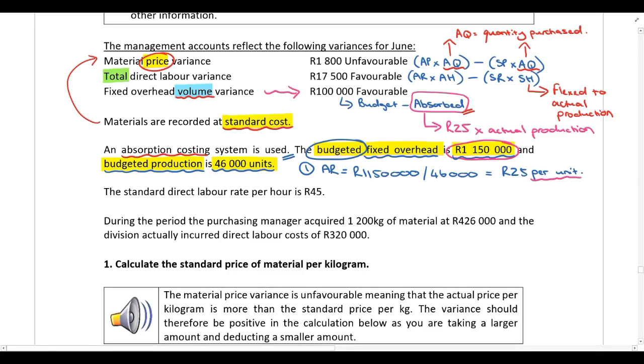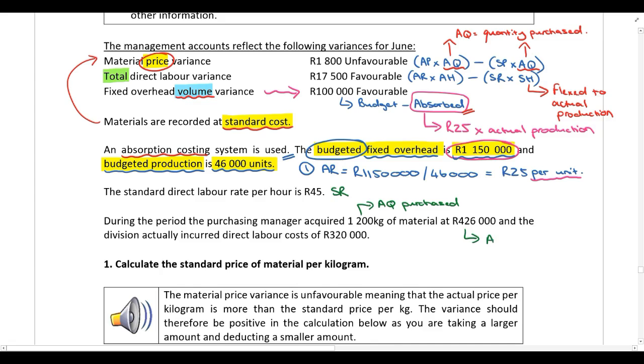You are then told that the standard direct labor rate per hour is 45 Rand. So you've been given the standard rate per direct labor hour. During the period, the purchasing manager acquired 1,200 kilograms of material. So this is the actual quantity purchased, at 426,000 Rand.